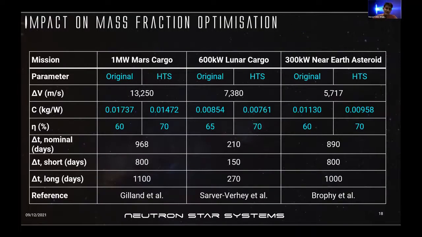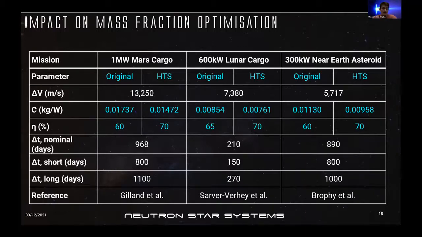So bringing everything I've told you together, what we did on this study was we took a few mission scenarios from literature where they worked out the entire mass of the various power systems and the propulsion systems, and looked at different mission scenarios, how much time and how much propellant we're going to need to get to these locations. So we have a Mars cargo mission as well as 2 other examples.